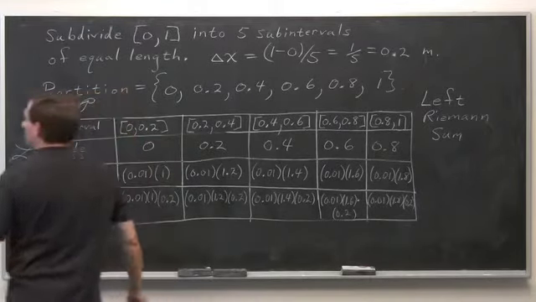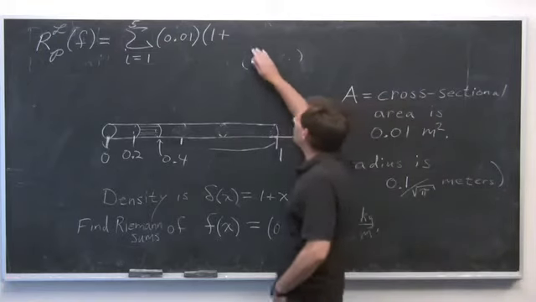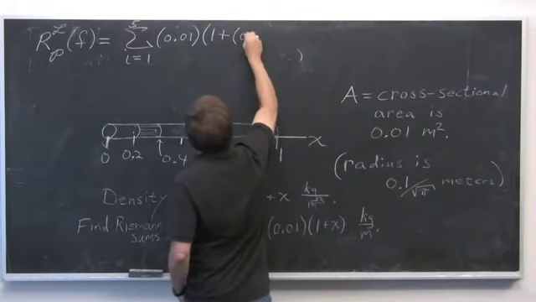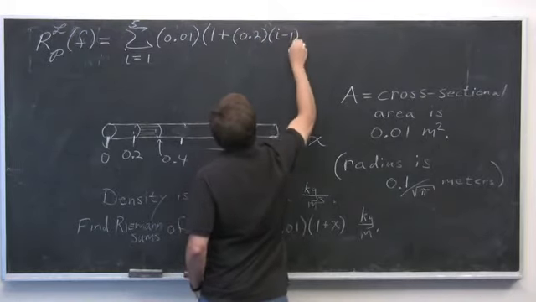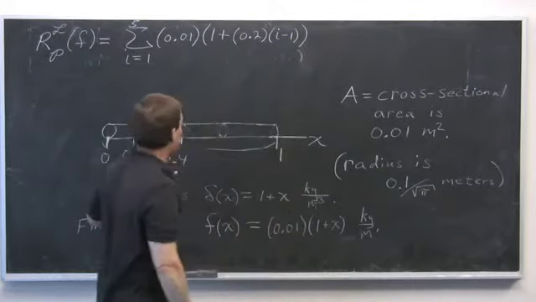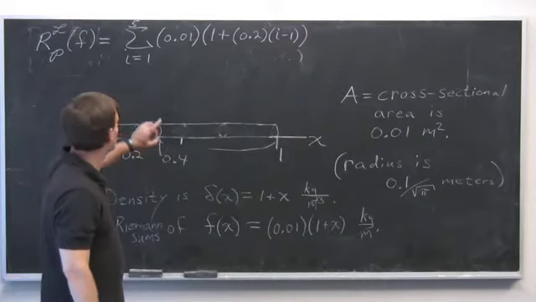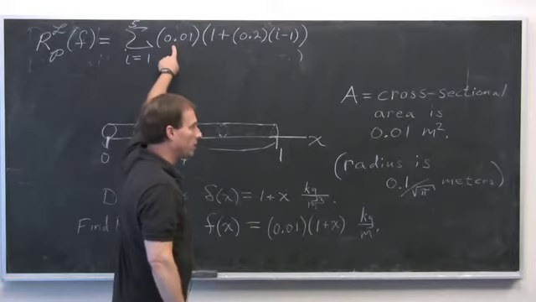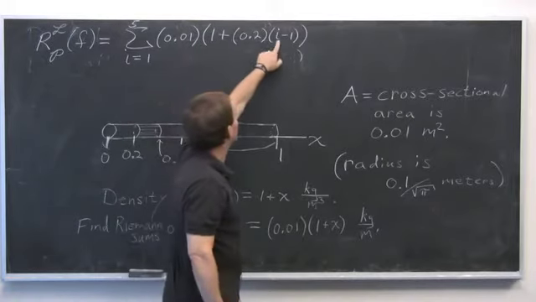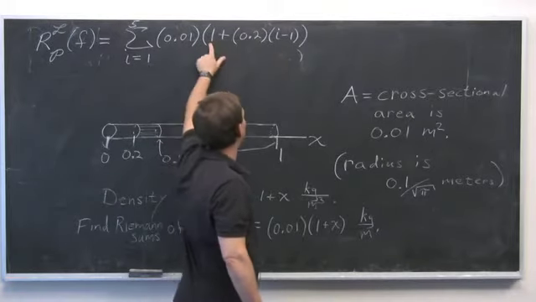Then you go up by 0.2 each time. So it's 0.2 times I minus 1. So for instance, when I is 1, on the first subinterval, you have 0.01 times, when I is 1, this would be 0, so just 1.